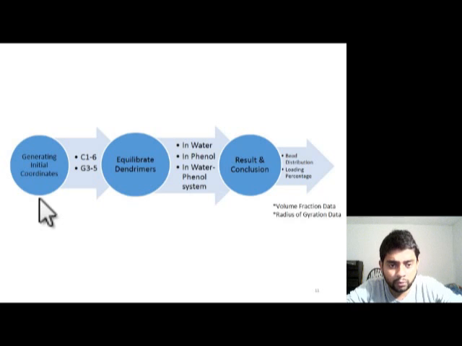Our next step was to equilibrate those dendrimers in different systems, water and phenol, to determine the drug loading capacity finally. And also we try to observe the dendrimer behavior using different methods, be it distribution calculation, volume fraction data and radius of gyration data.